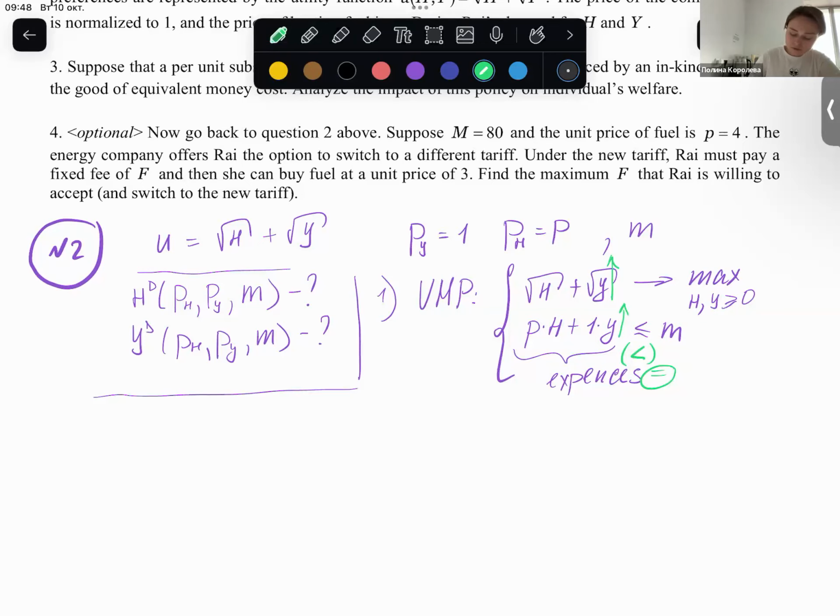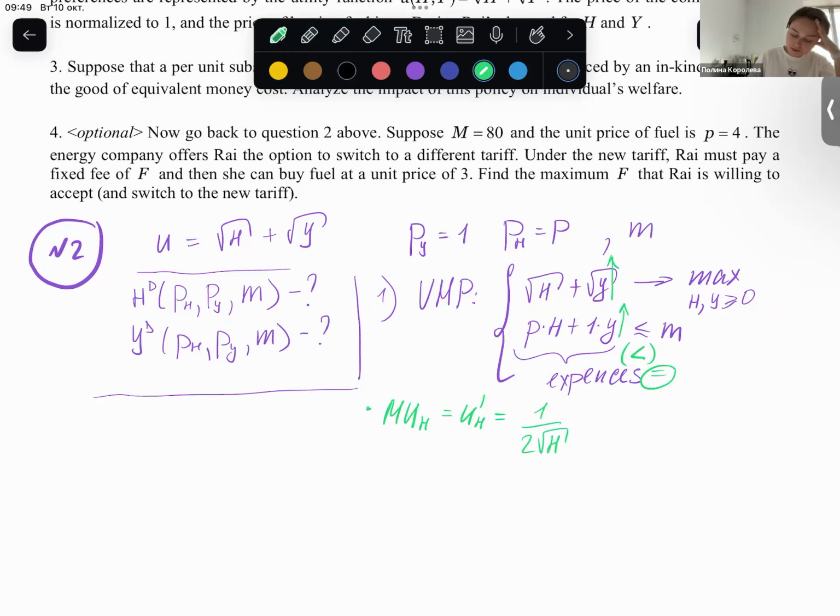The second option is to prove that our preferences are monotonic. How to prove it? We can compute the marginal utility from consumption of heating. This is the partial derivative of our utility with respect to heating, and this is 1/2 square root of h.